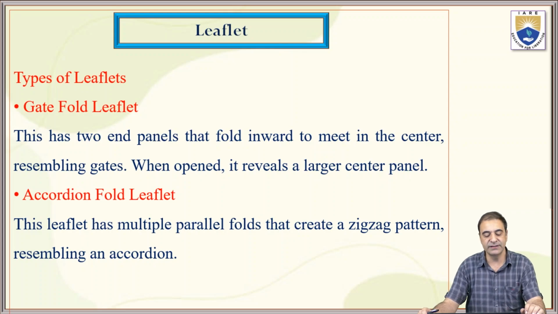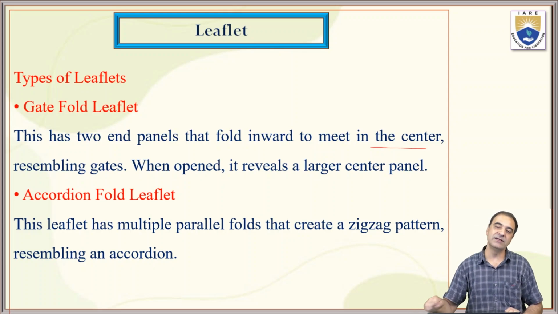And then we have the gatefold leaflet. This has two end panels that fold inward to meet at the center, resembling a gate. When opened, it reveals a larger center panel. Again, as the word suggests, the gate.